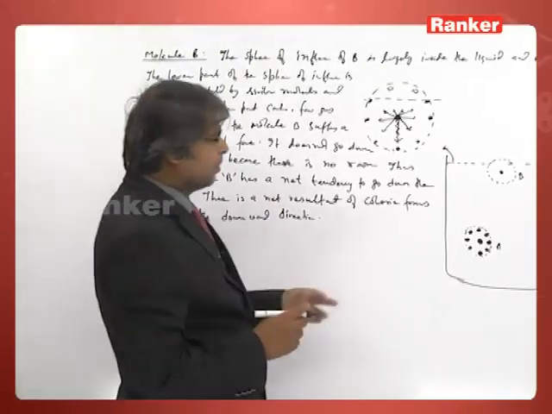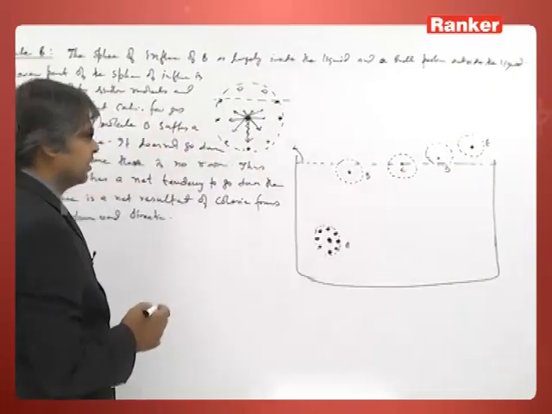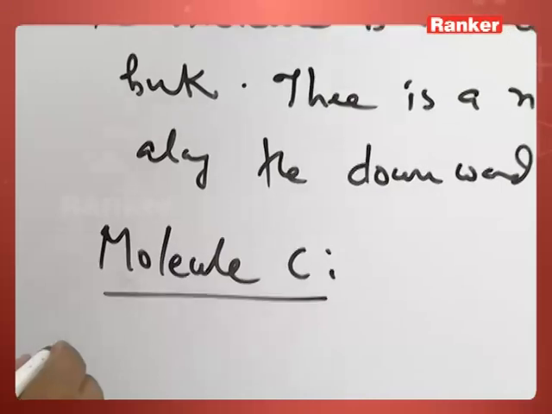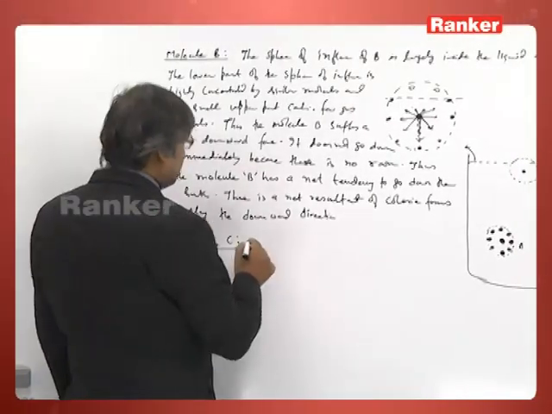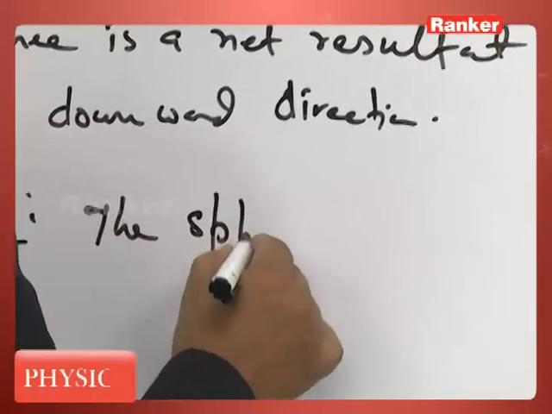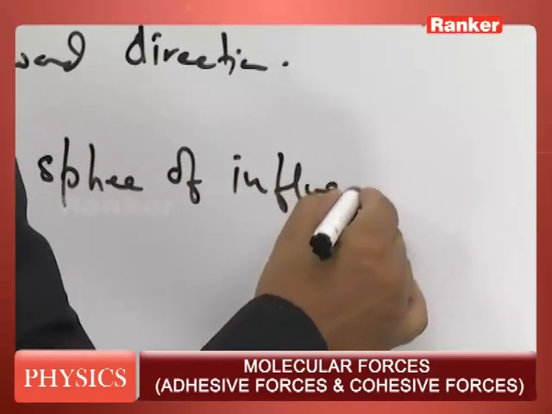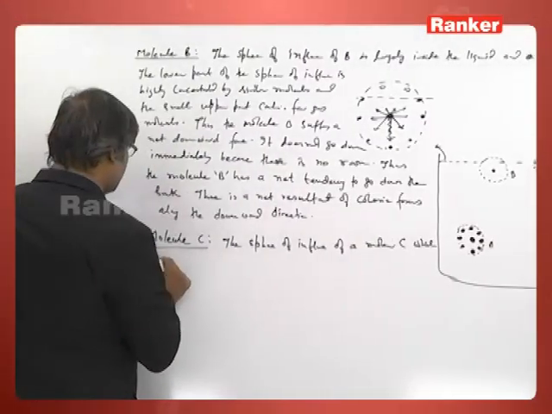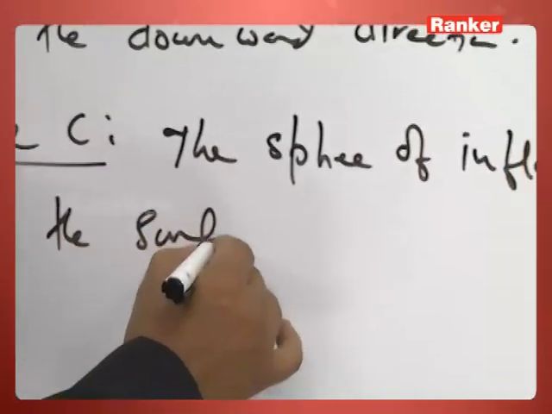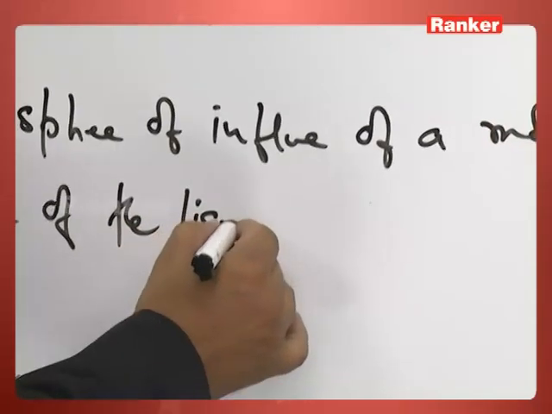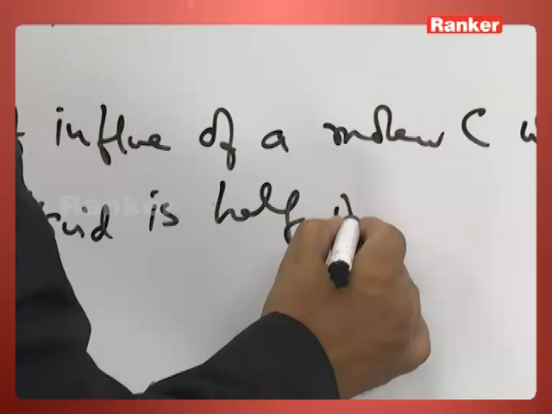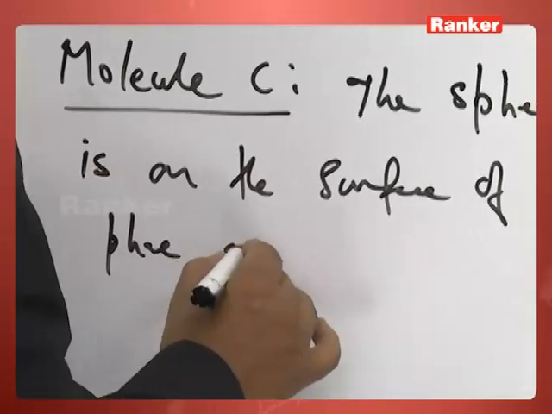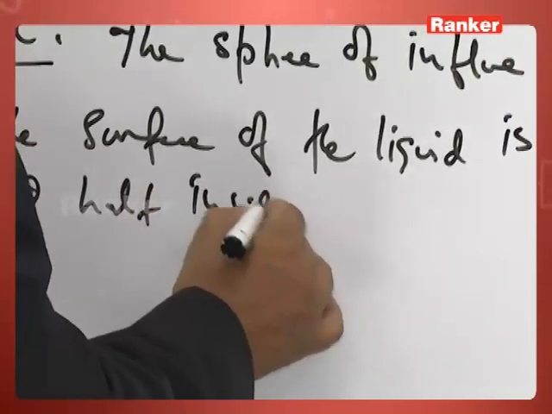Now let us come to the molecule at C. The sphere of influence of a molecule C, which is on the surface of the liquid, is half in the air and half inside the liquid.